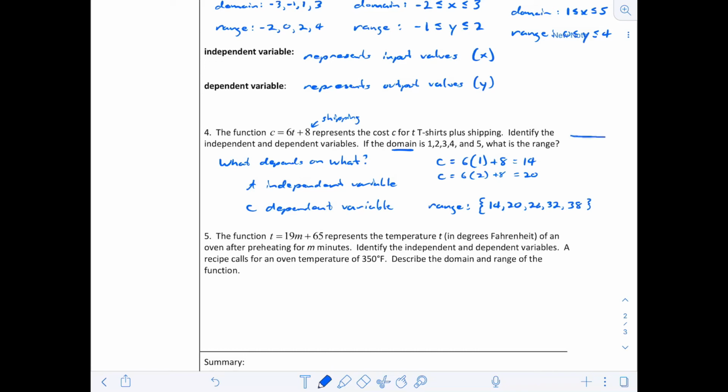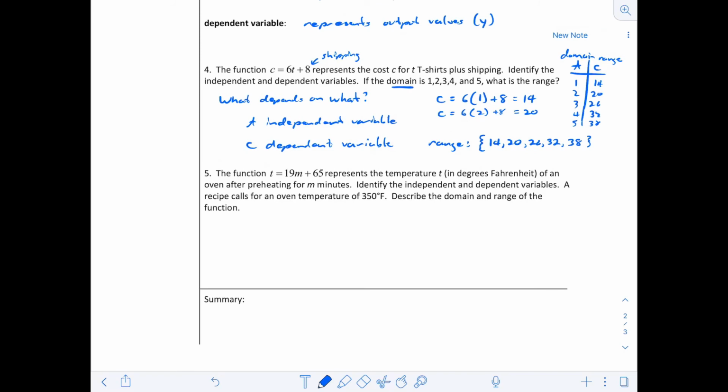Another way that we could have represented this was with a table. So we could have said that T is 1, 2, 3, 4, 5, and then C is 14, 20, 26, 32, and 38. Recognizing that, again, T is our domain, and C is our range.